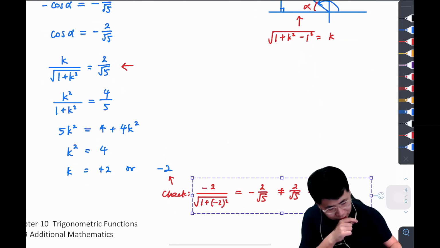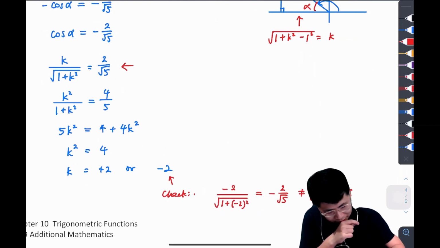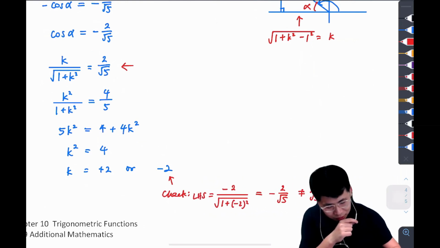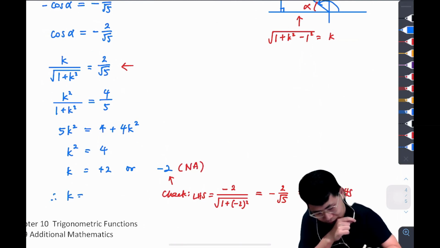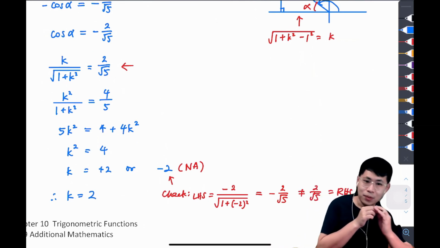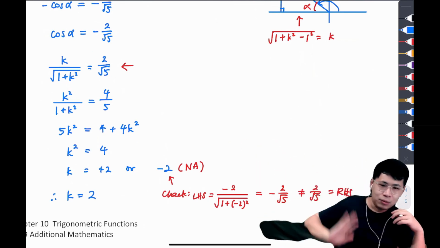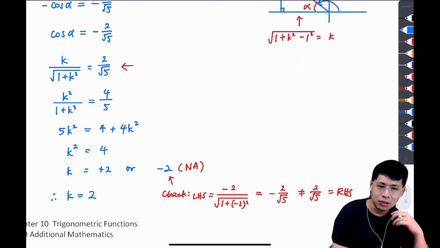The left hand side does not equal the right hand side, so we have to reject this one as inadmissible. I put here NA. So the final answer is just k equals positive 2. If you substitute it in, it will be satisfied.